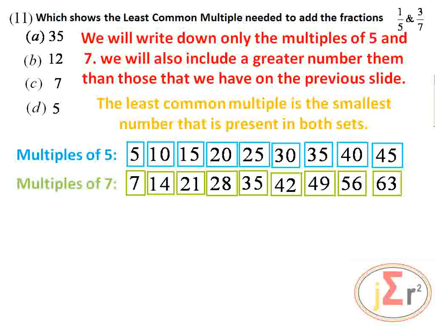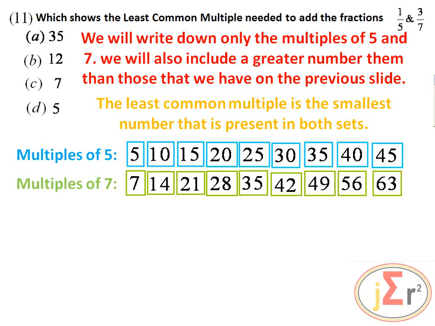The least common multiple is the smallest number that is present in both sets. Least common multiple, 3 very important words. Common means that it is present in all. Well, we only have 2 numbers on this occasion, so we only have 2 lists.